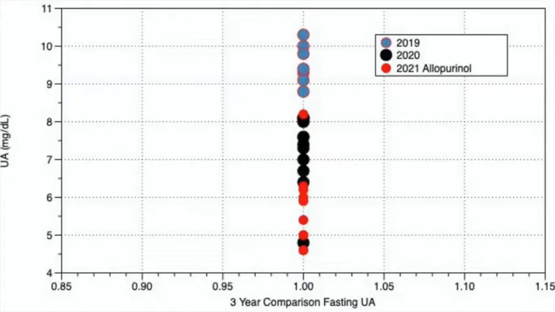And you can see that now my new cluster is between 5 and 6 mg per deciliter. So when you go on to the keto lifestyle, because of the fact that the ketones that are being excreted in the urine block the uric acid, we see a spike in uric acid. In my case, it lasted a year.